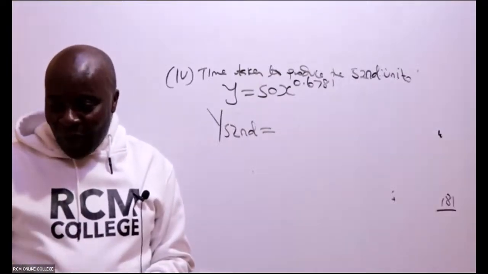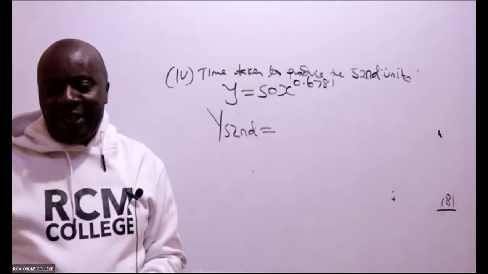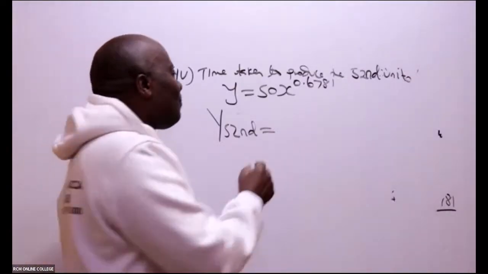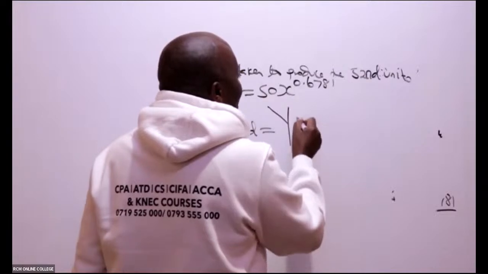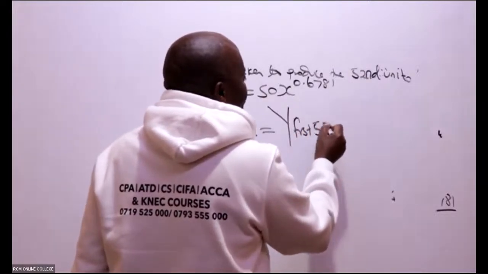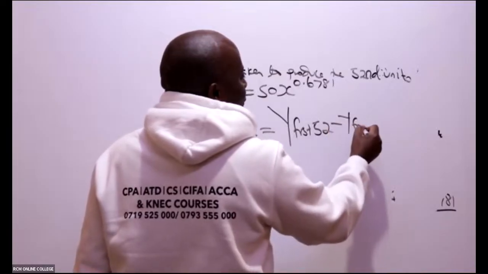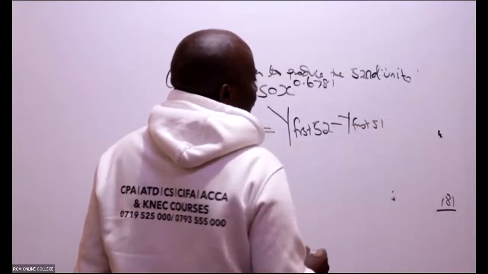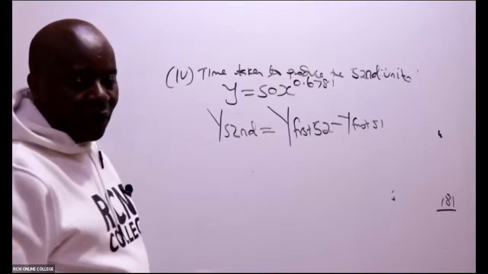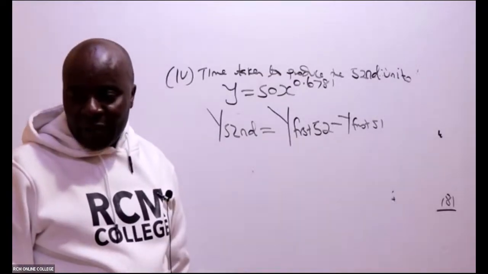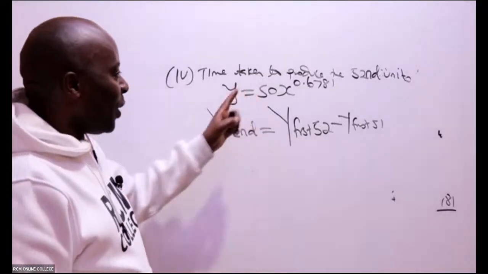We cut 51. These students are geniuses, I can tell you. Here, what they are telling us is, Mwalimu, take all the first 52, and then you cut first 51. And then remember, this one is applicable.